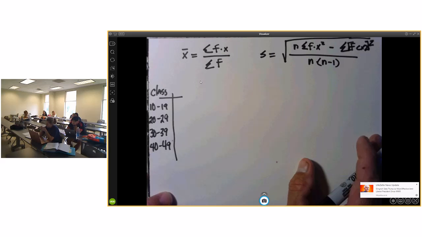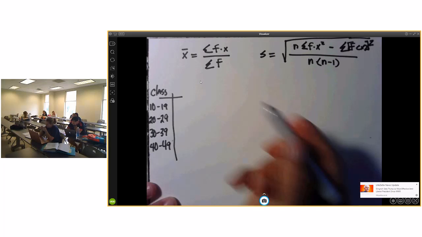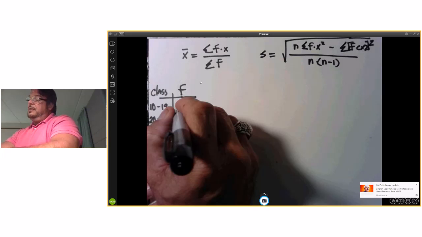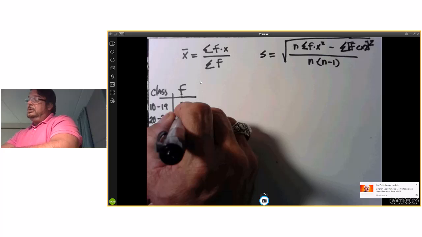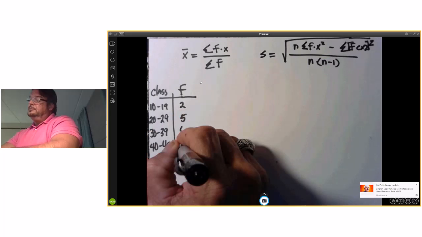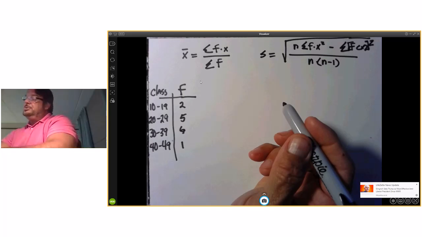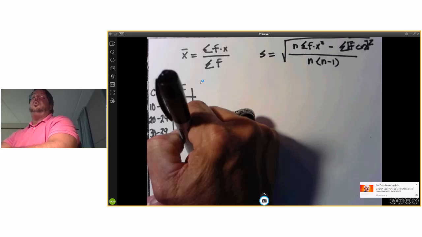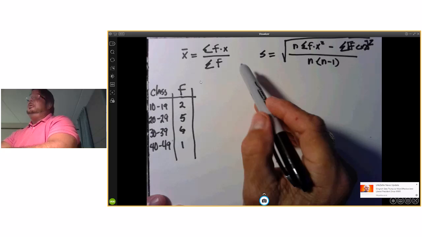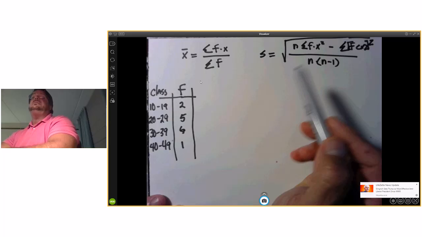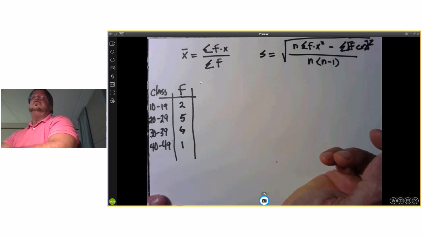And F, which is called your head count, is 2, 5, 6, and 1. If you notice in these formulas up here, we have nothing but F, X, and N. Everybody see that? F, X, and N. That's all we got. There's no other letters except F, X, and N.